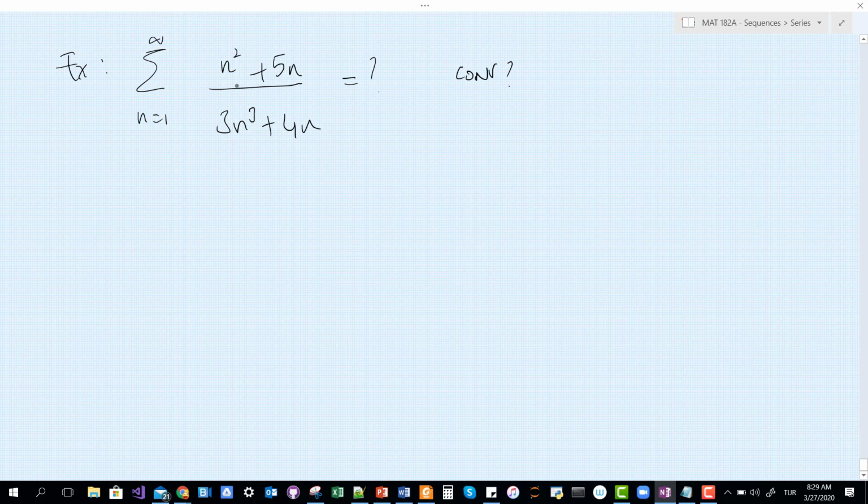The n-th term test will give you 0, and it is inconclusive, so I can't use it. So the only alternative test would be the limit comparison test. Let me try to use it.